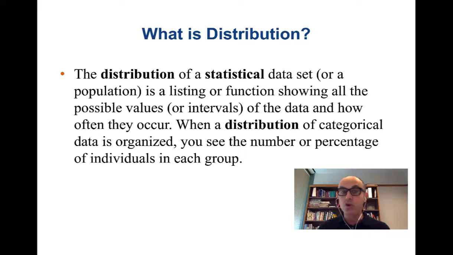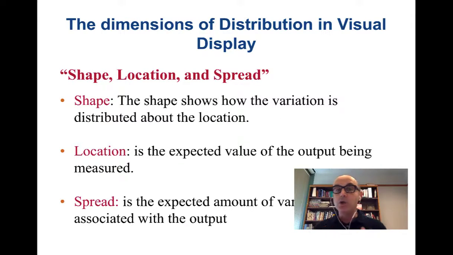So, distribution. The distribution of a statistical data set is a list of all possible values of the data and how they occur. So when a distribution of categorical data is organized, you can see the number or percentage of individuals in each group. The dimensions of distribution in a visual display usually entail the shape, the location, and the spread.